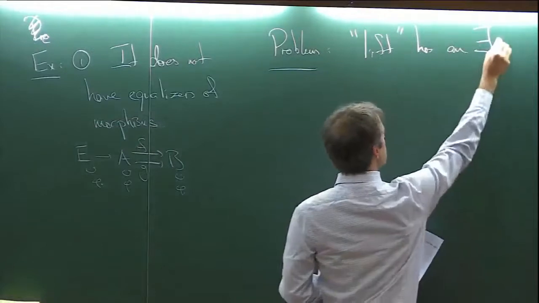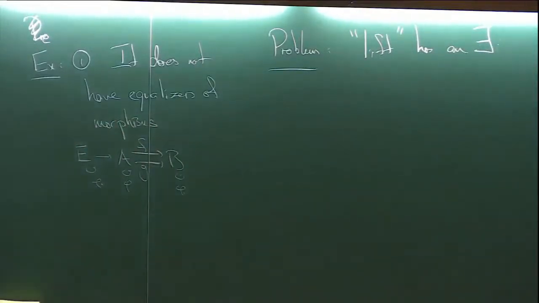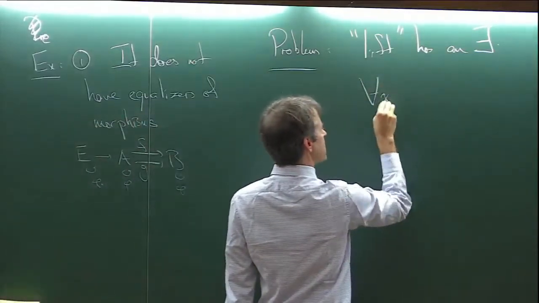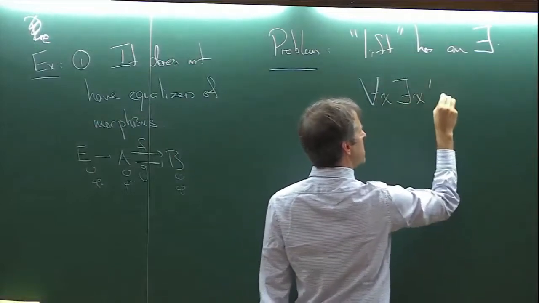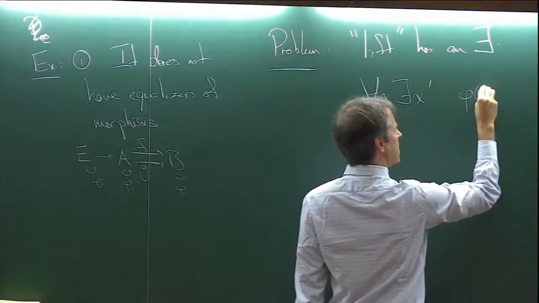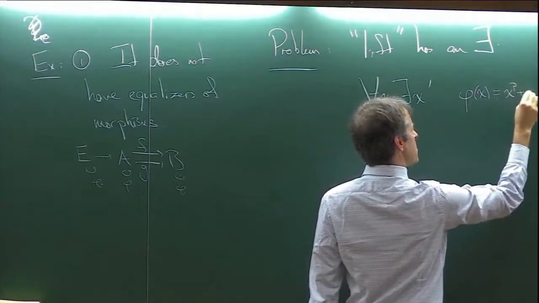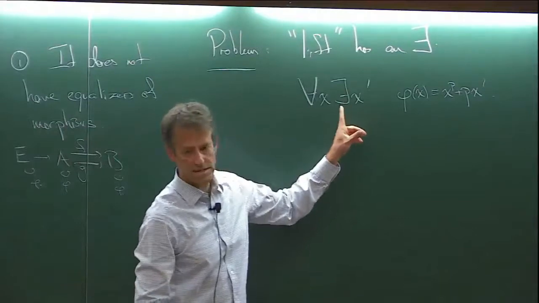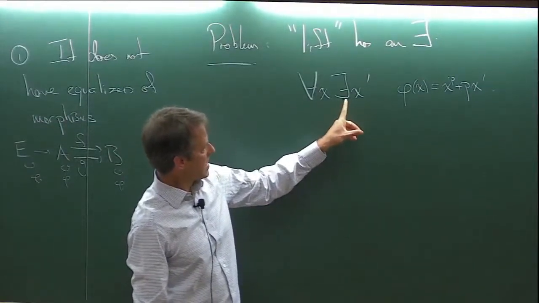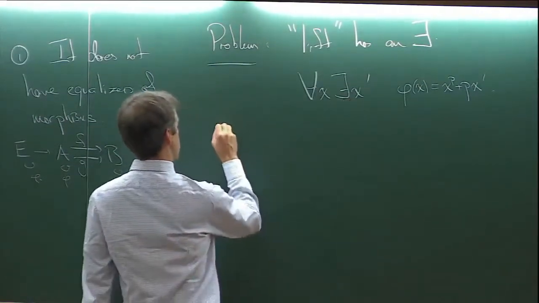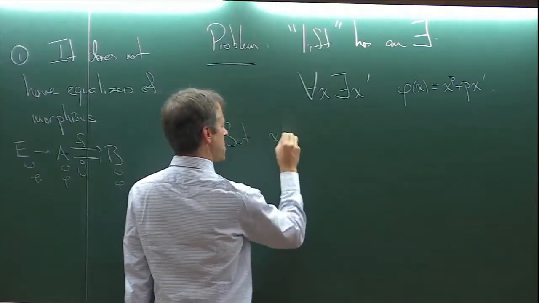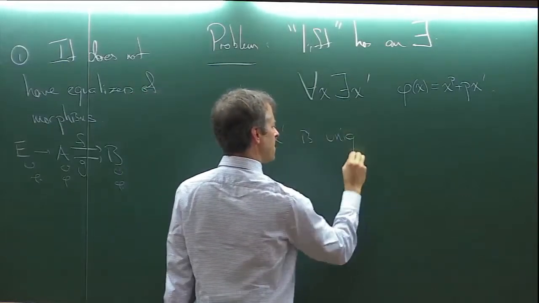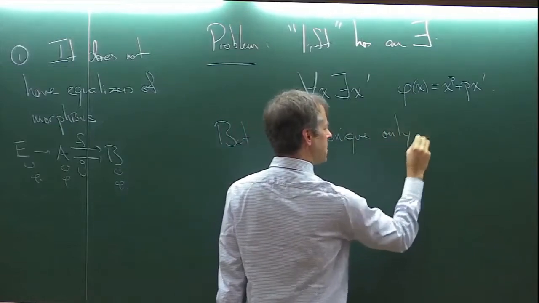What do I mean? Let me write this out in more detail. It means for all x, there exists an x prime such that phi of x is equal to x to the p plus p x prime. That's just what the lift condition means. But this x prime is unique only up to p-torsion.